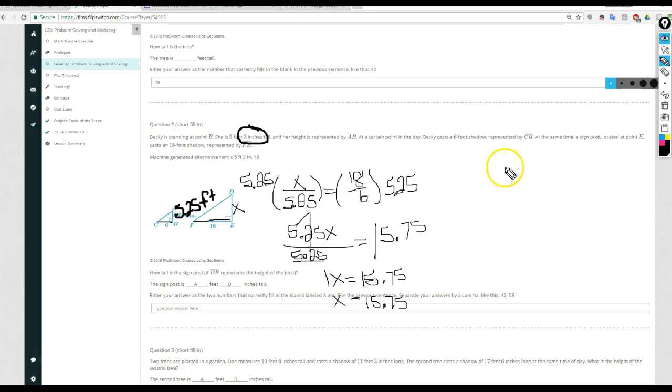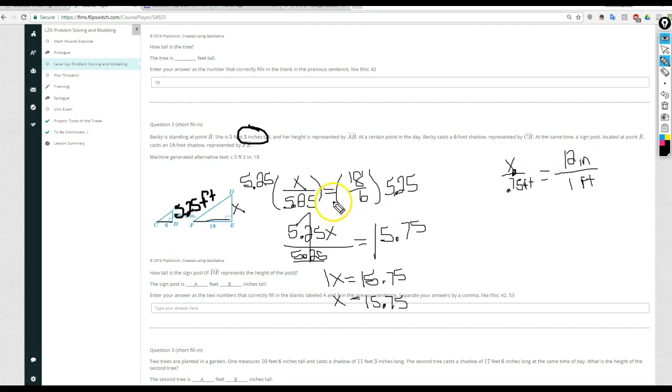If we remember that 12 inches is to 1 foot as some unknown inches is to 0.75 feet.